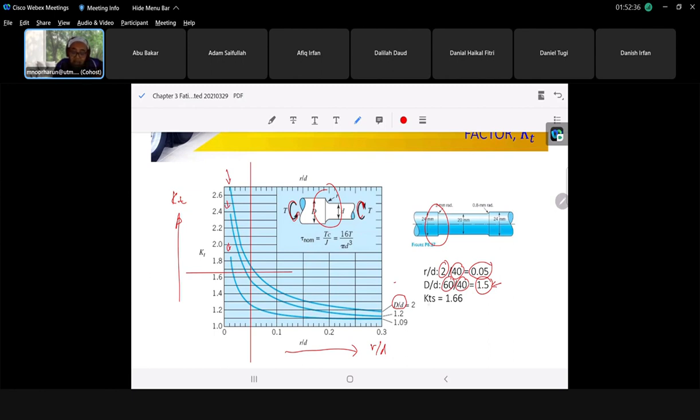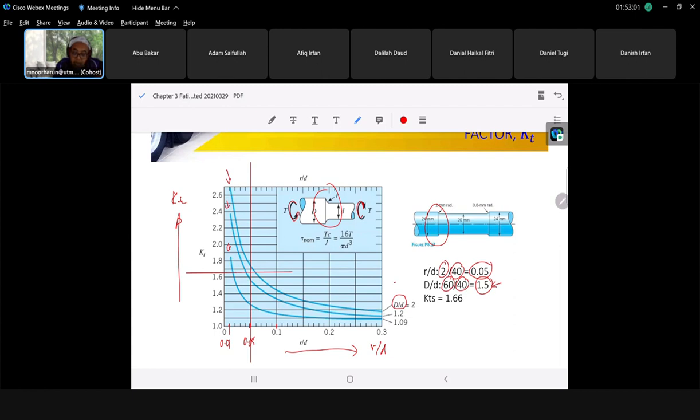Then R over D is 0.05. So this is 0.1, and each unit is 0.01, so 0.05 is here. Just go up and make a line.